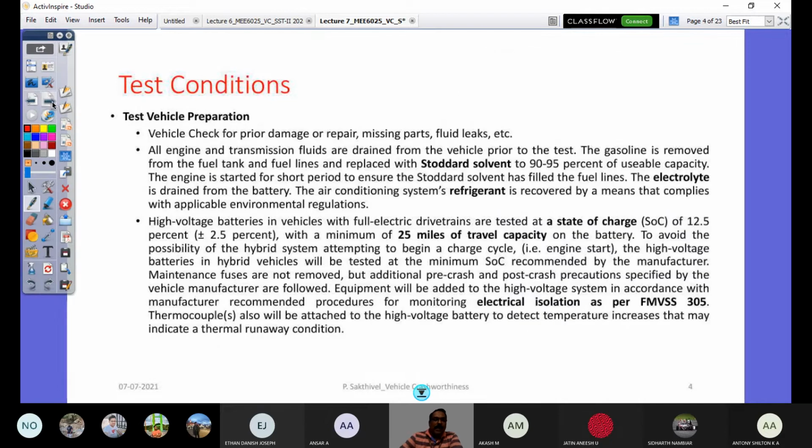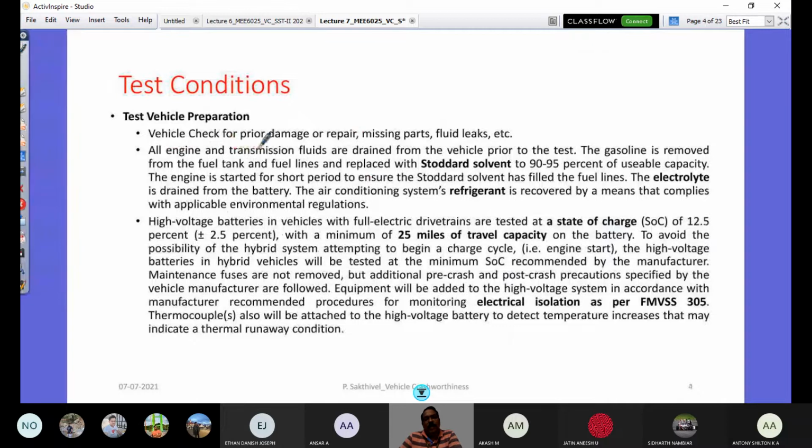And for test vehicle preparation, as we have seen in the video, the vehicle is checked for prior damage, any repair or missing parts, and any fluid leakage, all of which would first be witnessed and corrected. All engine and transmission fluids are drained, which you have also seen in this video. The gasoline is removed from the fuel tank and fuel lines and replaced by this solvent to 90 to 95% of usable capacity.